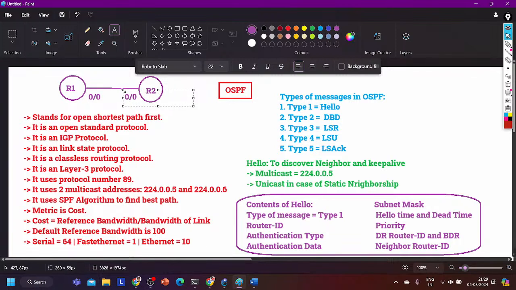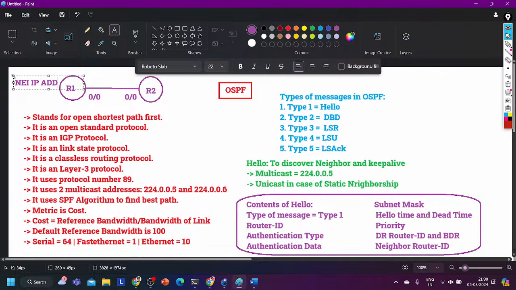And which type of neighborship? That is a dynamic neighborship. But in EIGRP we have seen that we have the option to configure a static neighborship as well. On router number 1, under router ospf 1, I can manually say neighbor and then the IP address of router 2, the destination IP address.